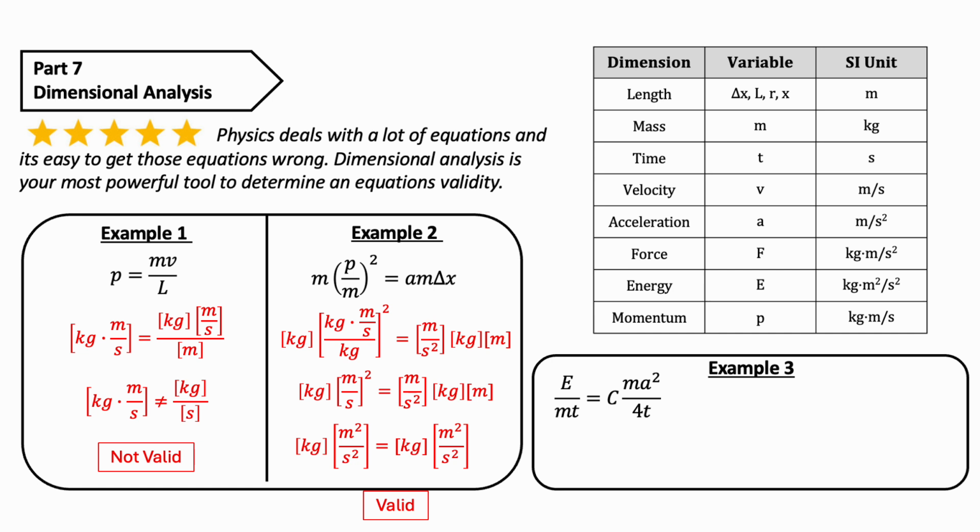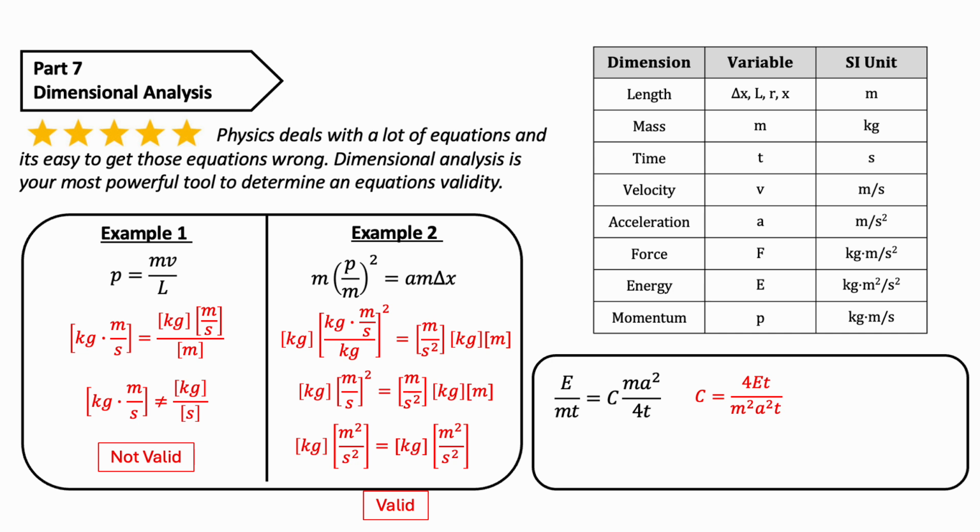We are just asking, what do the units of C need to be to make this equation make sense, to make it a potentially valid equation? So how do we do this? What we need to do is just solve this equation for C. So let's go ahead and practice our equation solving to get C all by itself here. Solving that for C is going to be multiply both sides by 4t, divide both sides by ma squared, and we're going to get what we have over here.